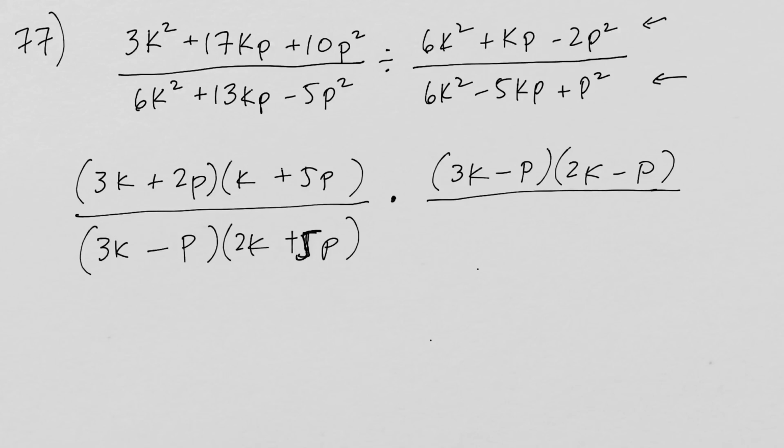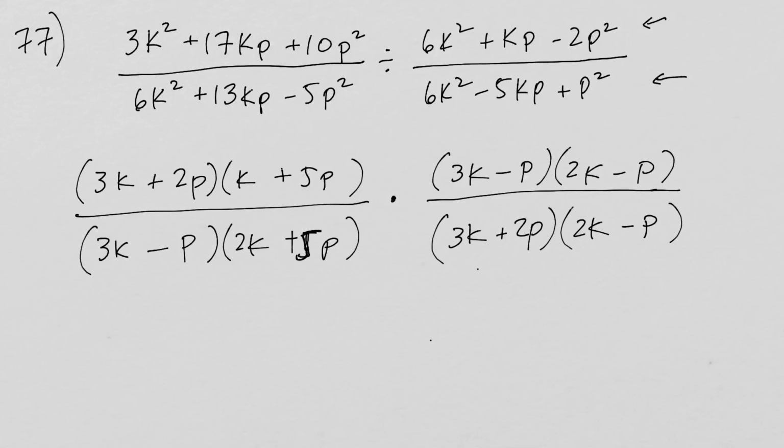And then this will go on the bottom. I'll have 3k and 2k, and I have minus p, that's minus 3p on the outside, plus 2p, that's a positive 4pk on the inside. That adds up to my 1.